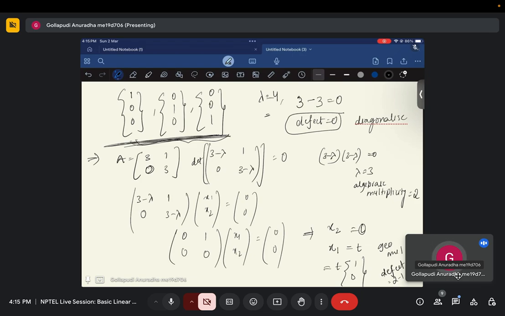If for a matrix A you have eigenvalues lambda, you will see how many times that is repeating, that is, how many times the root of the characteristic polynomial is repeating. That will be your algebraic multiplicity. Okay, and for the eigenvalues, we will find the eigenvectors, and whatever is the dimension of the null space.